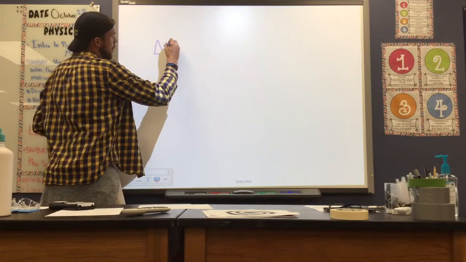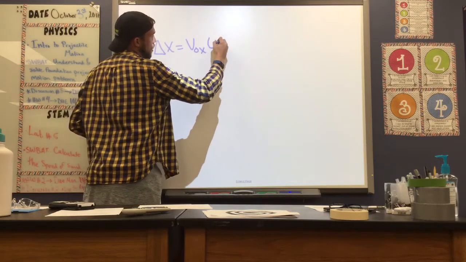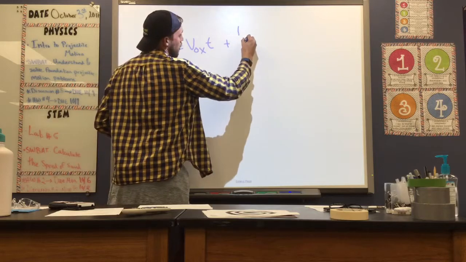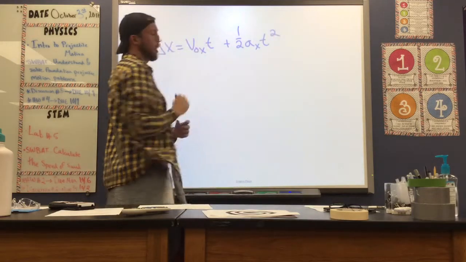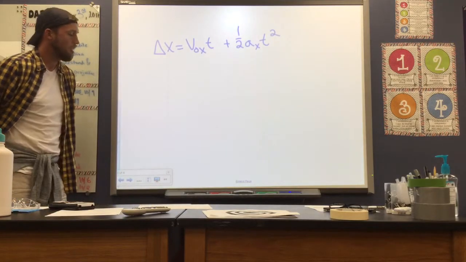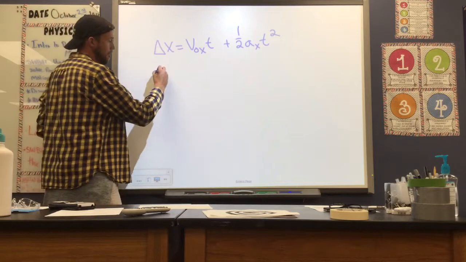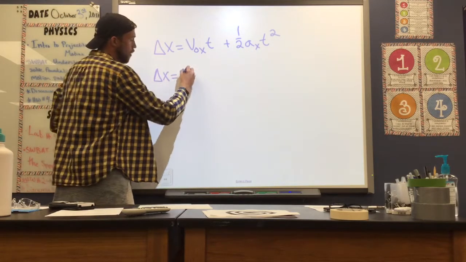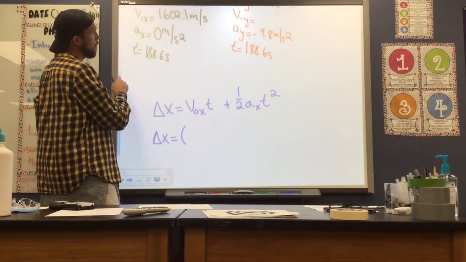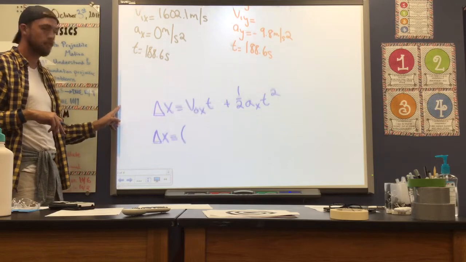Delta x is equal to initial velocity in the x direction times time plus 1/2 acceleration in the x t squared. Now that I'm here, I'm just going to list out the variables that I know and plug them into my equation. So delta x, we don't know, we're looking for it. Initial velocity, we found that was our 1,602.1 meters per second.